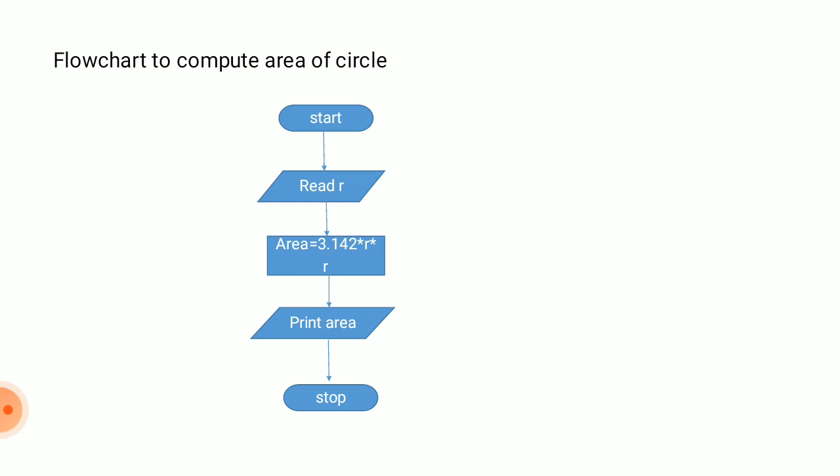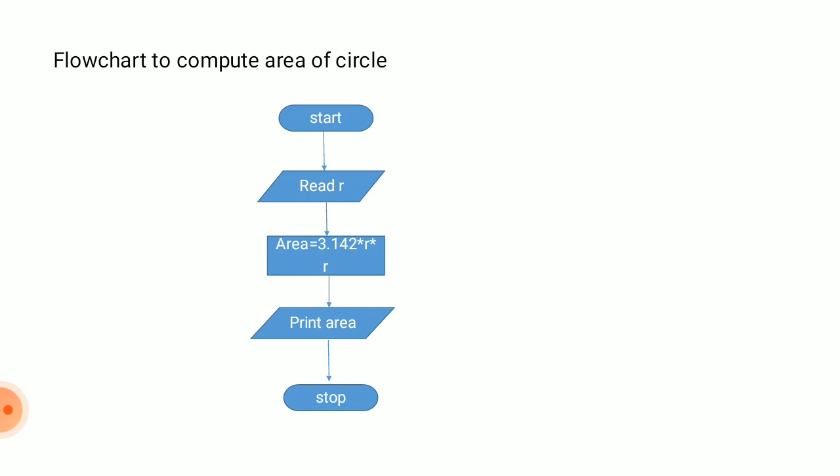And one more thing, whatever examples we have taken for the algorithm, the same examples we will take for the flowchart also. So in the first example, compute area of circle. Instead of taking steps, here we have to use the geometrical figures. First you have to start the flowchart.